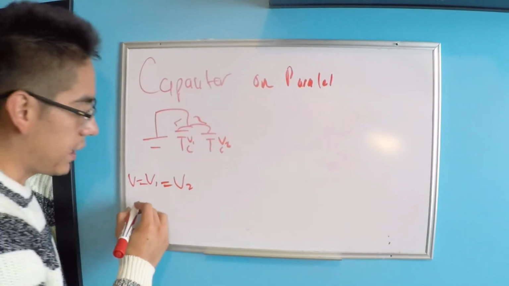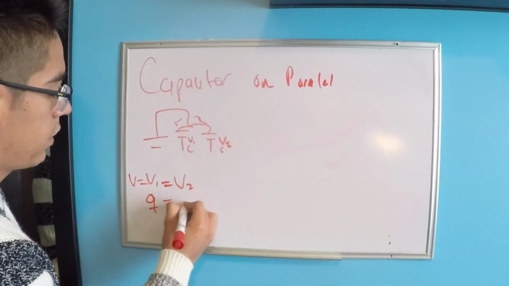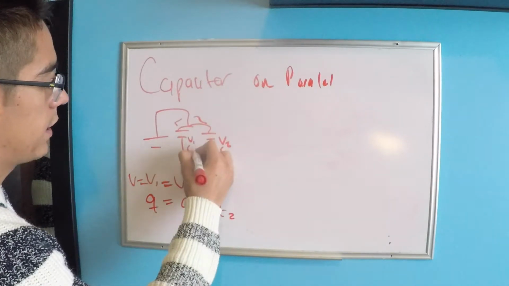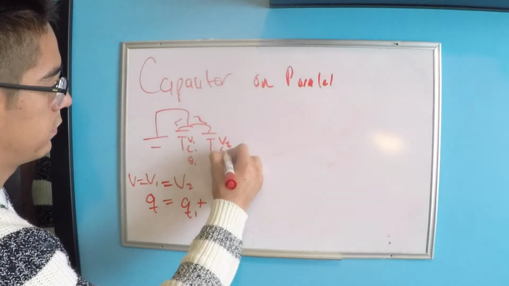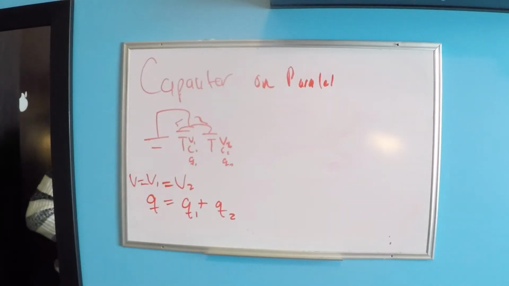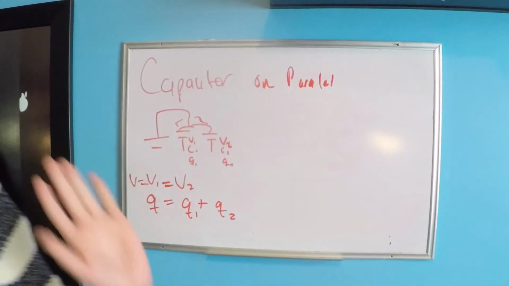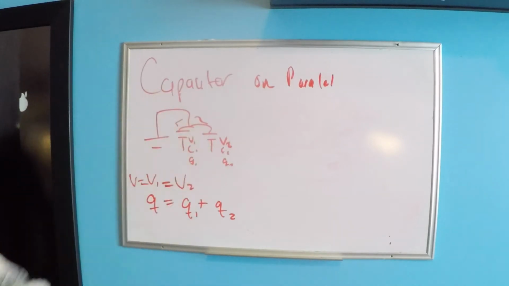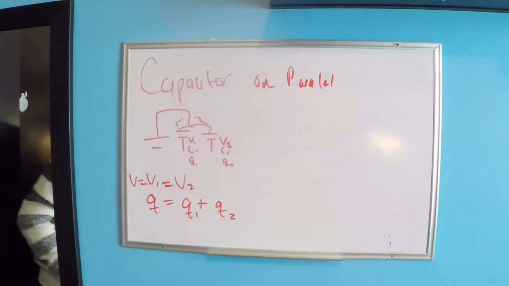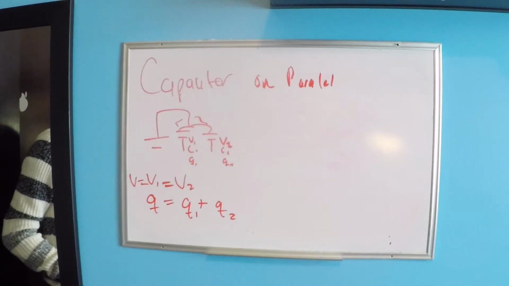The thing that is not the same is our charge, which is going to be a sum of these two. You remember in parallel we sum normally, adding one over the other, and then we need some other evaluations to really do this.